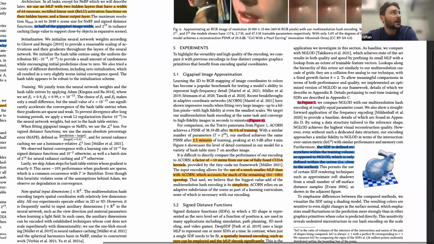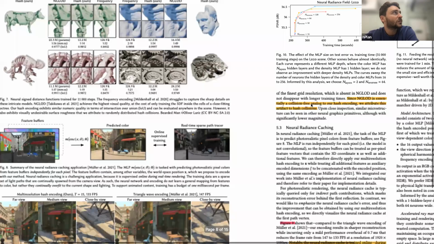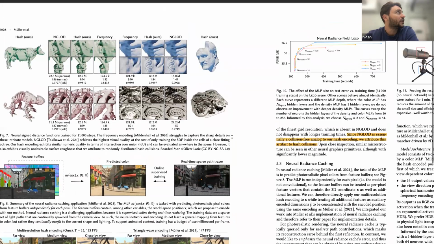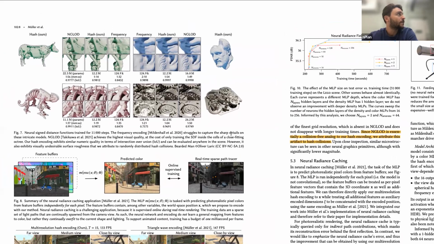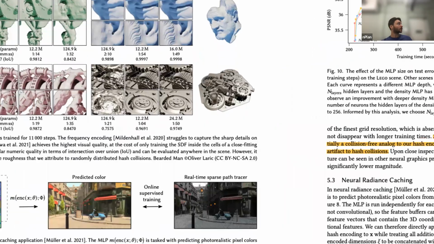And they compare their method to this method called Encoding. Where's figure 7? Over here. And they say that their method actually performs worse than Encoding, but not that much worse. So you can see here number of parameters, if you can see my cursor. Okay.